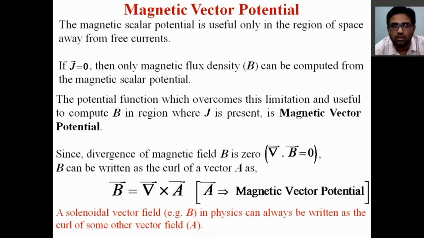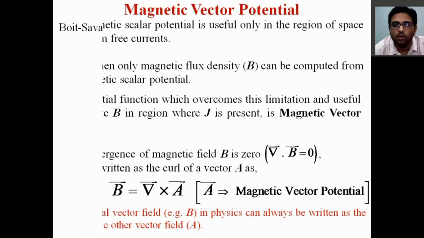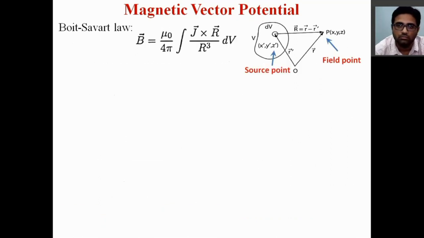The form of the vector potential can be obtained from Biot-Savart law. According to this law, the magnetic field at any point P due to a volume distribution of current is like this. Here this is called the source point and this is the field point.